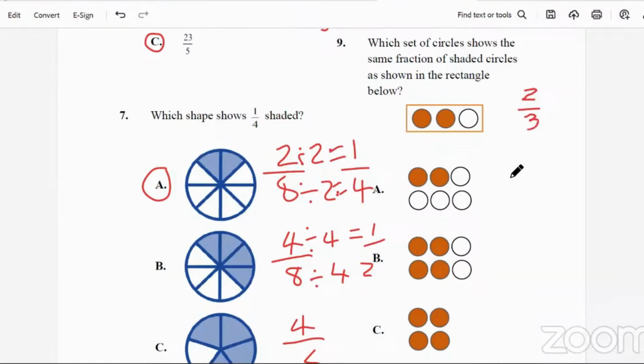In A, they have 2 shaded out of 6. In B, they have shaded 4 out of 6. And in C, they have shaded 4 out of 4.